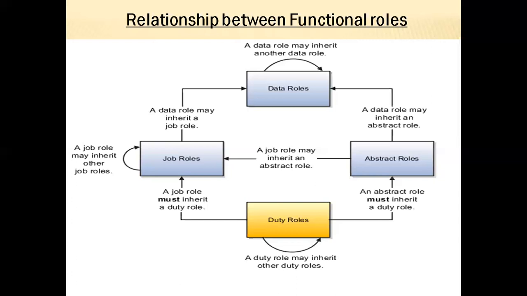Now the job role and the abstract roles inherit duty roles. You anyways create a job and the abstract, then the duty role is the highest of all. So the data security policies are specified to duty roles to control actions on all respective objects, meaning the access that the user has.